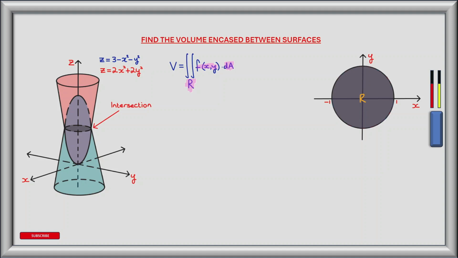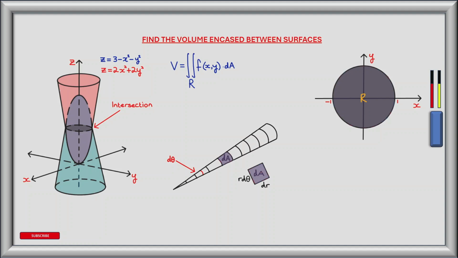Let's take a closer look at what happens when we sum or integrate in the r direction. When we integrate or sum in the r direction, this will represent the inner of the two integrals. This diagram represents a sector of the region capital R. The angle it makes is infinitesimally small and is denoted by d theta. Within the sector, we have infinitesimally small pieces of area denoted by dA.